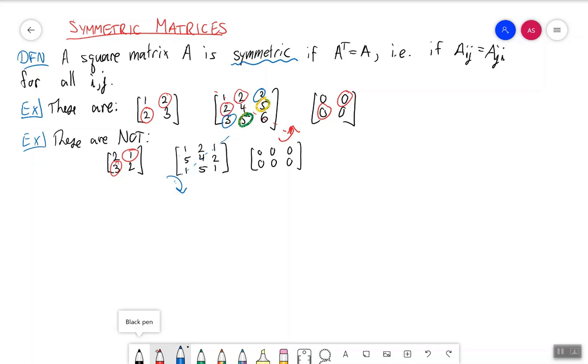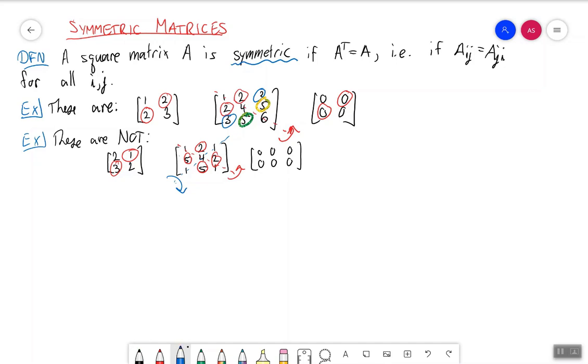For a symmetric matrix, it needs to be symmetric when you flip across the diagonal axis, which it's not, because this 2 and this 5 are not equal. Finally, this third matrix, the 0 matrix, is not even square, so it can't be symmetric.